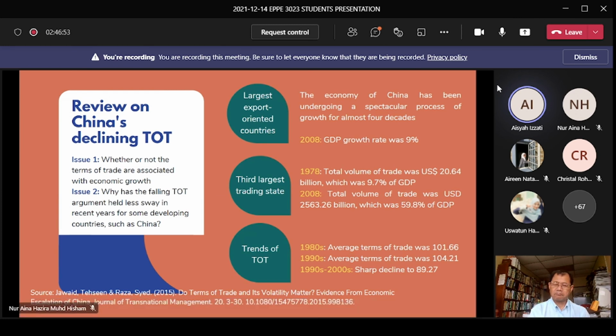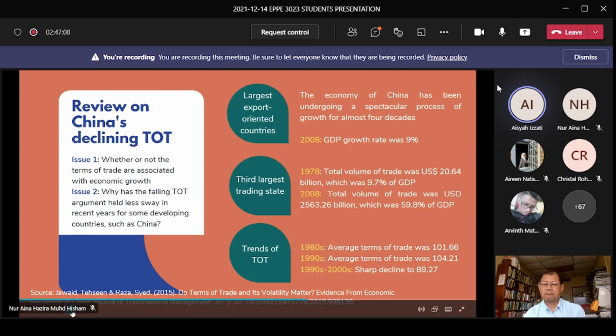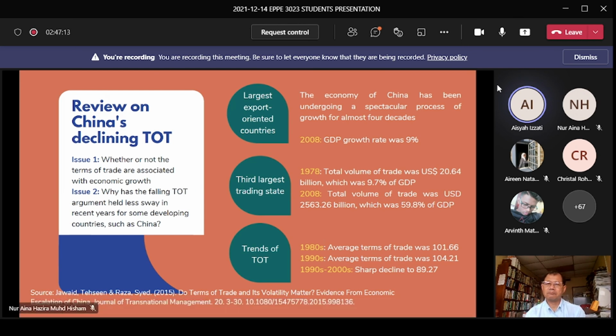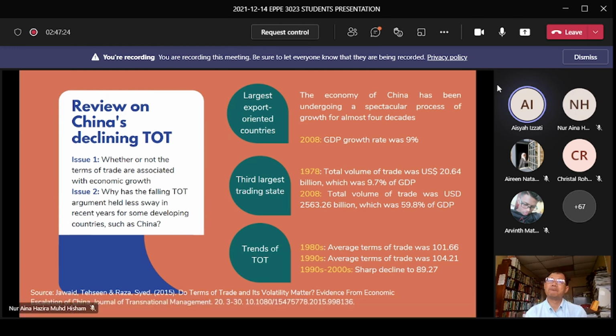During the past 3 decades, China's terms of trade show different trends. In the 1980s, the average terms of trade was 101.66 points, and in the 1990s, it was 104.2921 points. In the past decade, from the 1990s to 2000, there is a sharp decline in TOT to 89.27%.